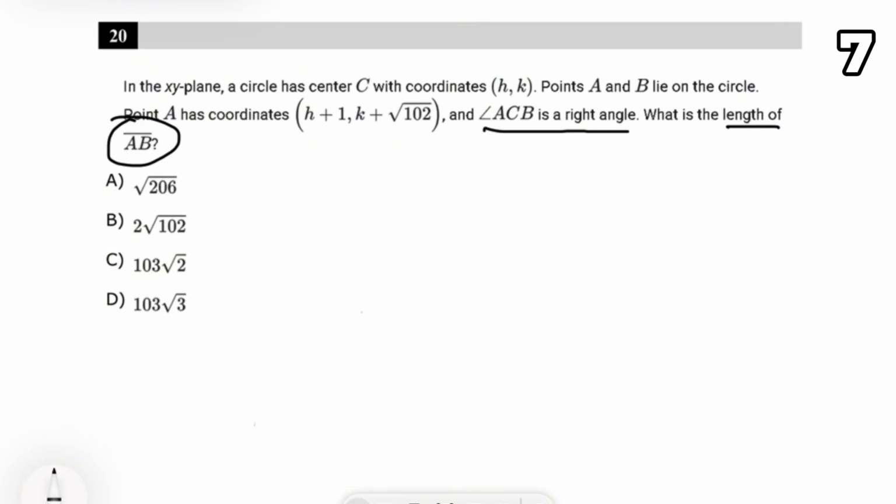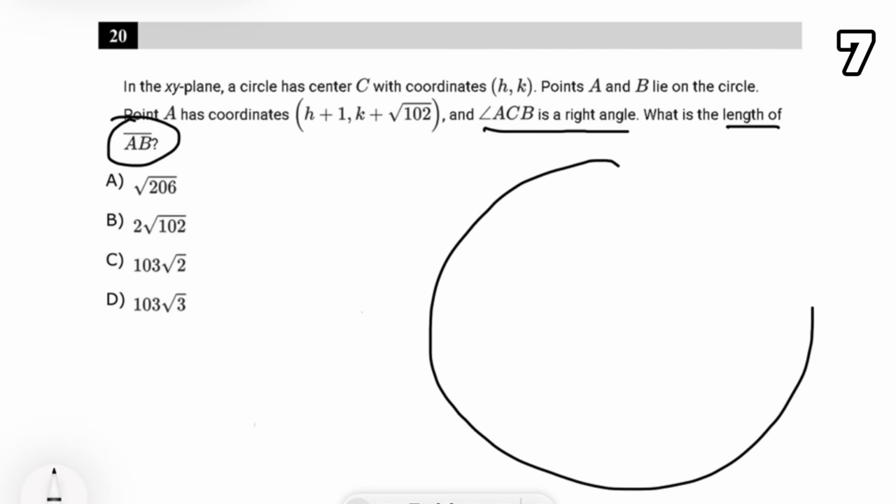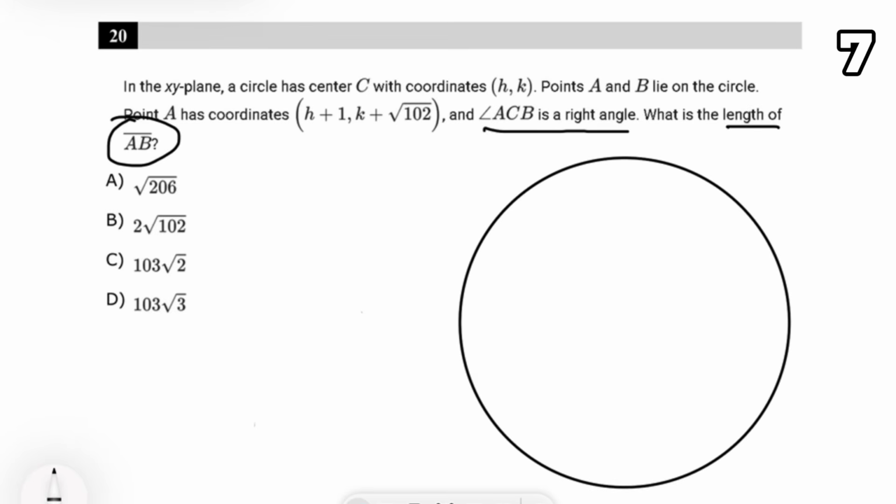So to solve this, it's best if we draw a model to represent it. We can draw a circle, and label our center point C with coordinates (h, k). Next we can plot point A, which has coordinates (h plus 1, k plus root 102).